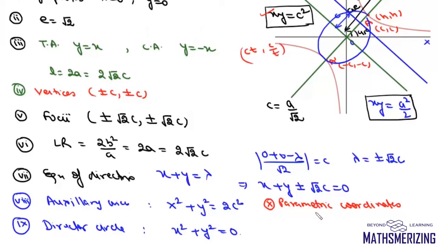So here, rather than taking parametric coordinates in terms of theta, we take them as ct comma c upon t. So any point on this rectangular hyperbola, we'll always assume it as ct comma c upon t, where t is any real number except 0.